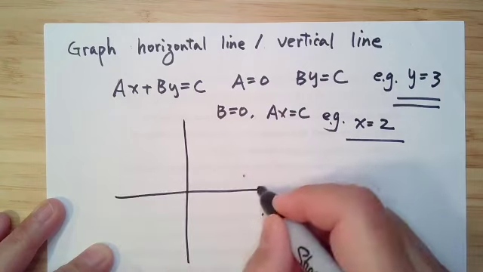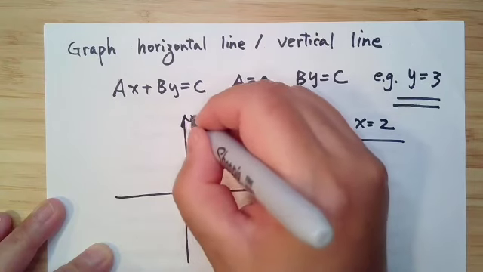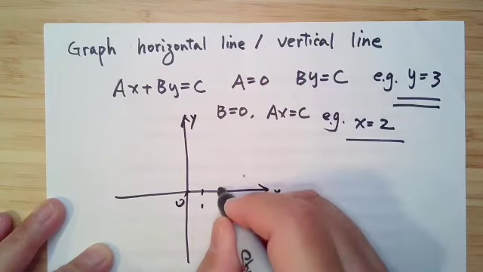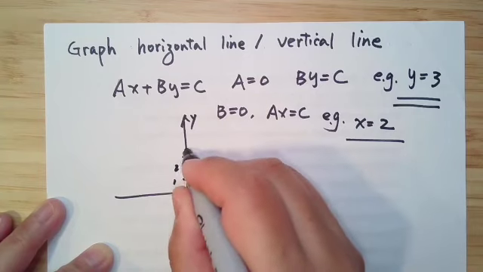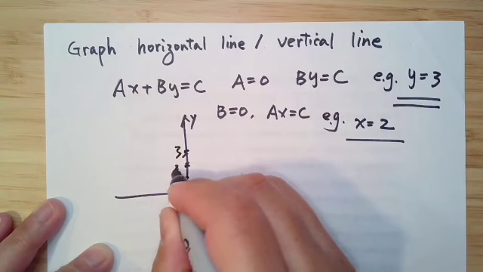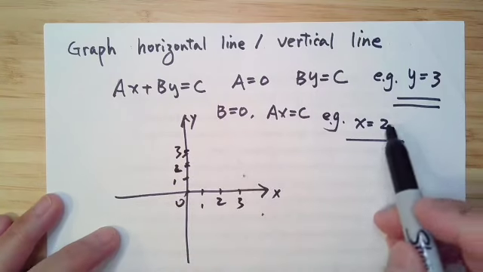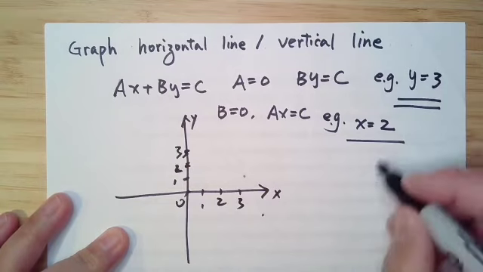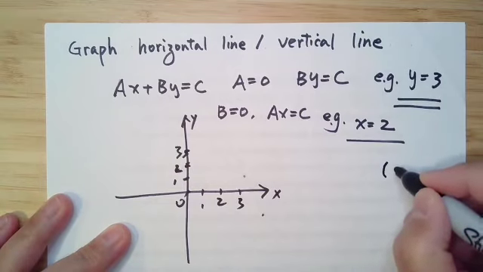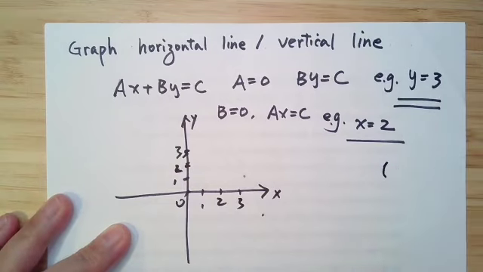Let me tell you, this is x, this is y, and 0, 1, 2, 3, 1, 2, 3. The first one, y equals 3. For this y equals 3, I can put 2 points. X can be anything. That's a good thing, right?